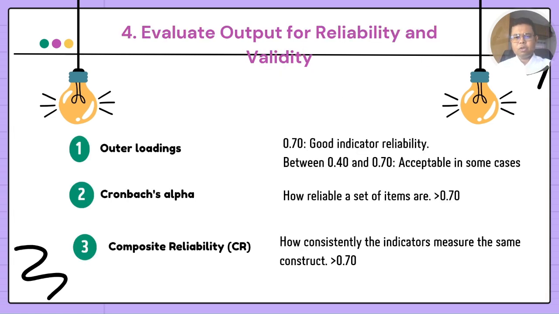Okay, so first of all, we will see the value of SRMR. Then we will see the outer loading. Some people call it factor loading; outer loading and factor loading are actually the same. A good indicator is greater than 70%, I mean 0.7. Theoretically, 40% to 70%, I mean 0.4 to 0.7, is acceptable.